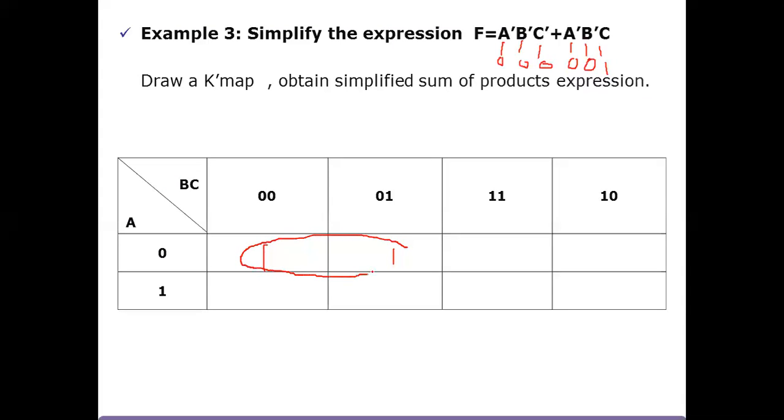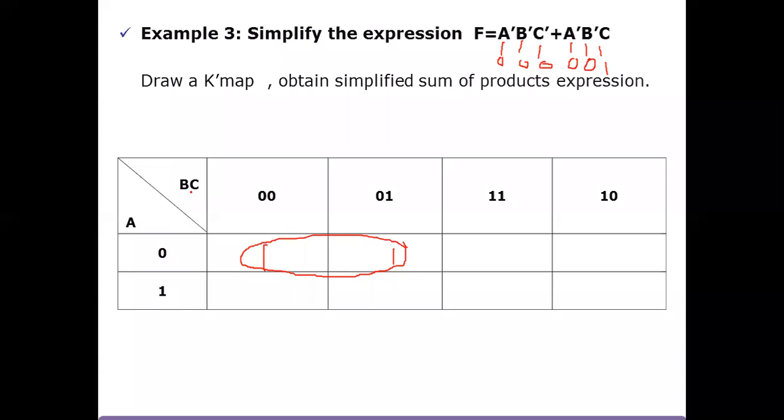Now we get, it's really simple. You get the grouping as this. And here you can see A does not change. A value is 0. And B and C, what is changing, what is not? Here you can see value B, 0, 0.